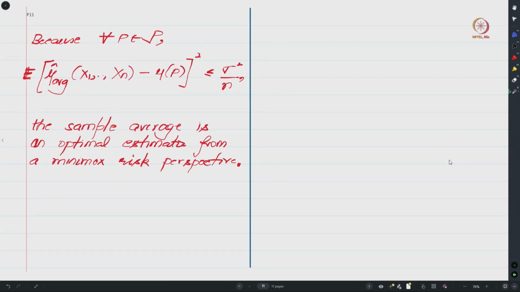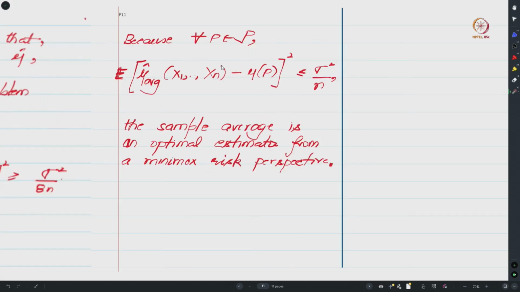And we have already shown that the averaging estimator achieves this bound irrespective of your problem instance. That is, you give me any problem instance, this average estimator achieves this error of sigma square over n.